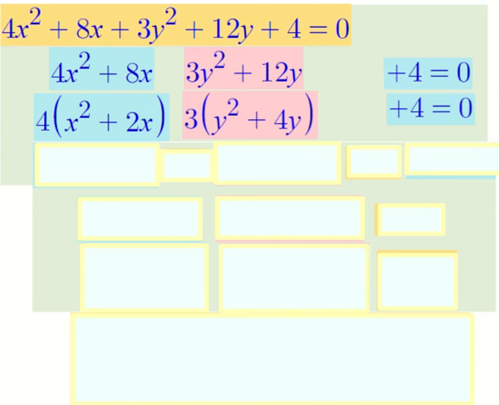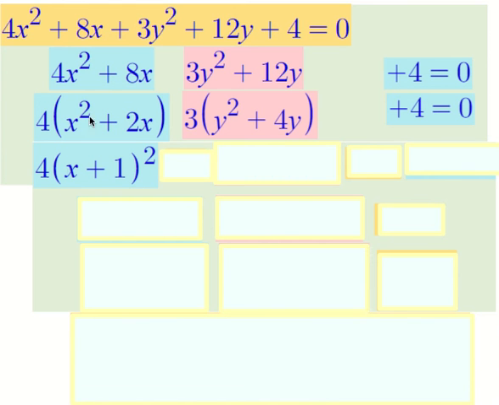So the idea is when we complete the square, what I want to make is a perfect square trinomial. So I divide my variable term, which in this case is x, by 2. 2 over 2 is 1. So I put x plus 1 quantity squared inside parentheses. And I still have that 4 in front.